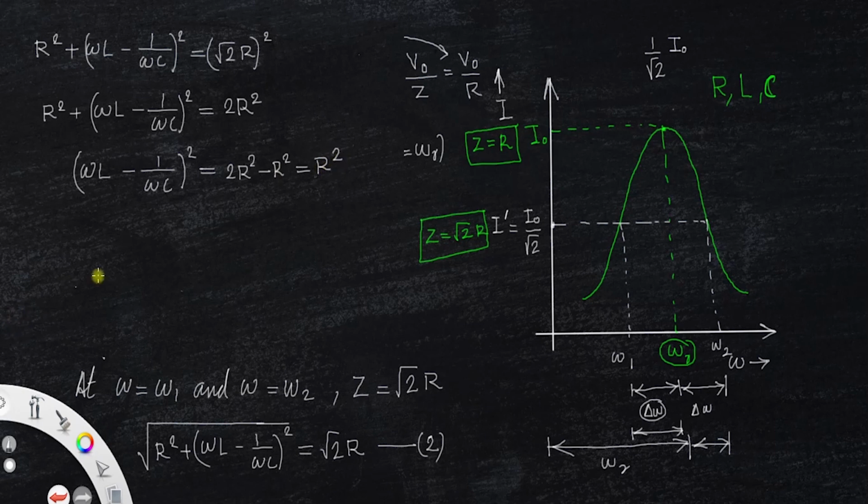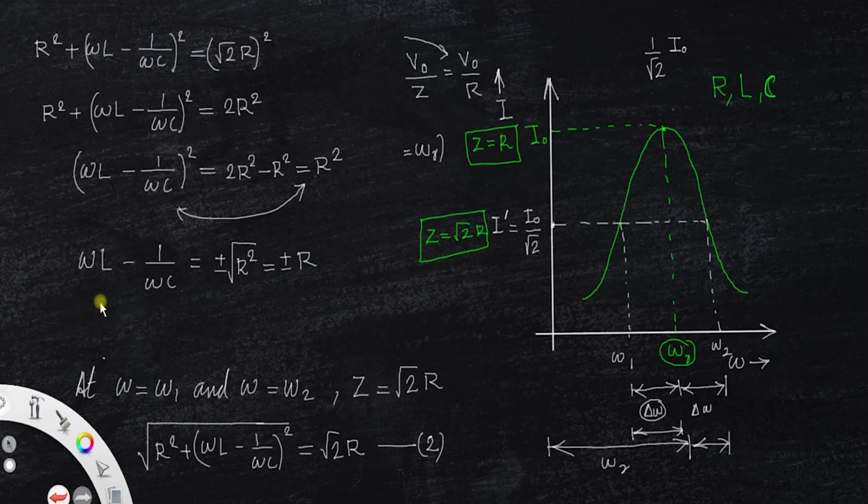Clear? Now taking the square root on both sides, we have omega L minus 1 by omega C equal to plus or minus root of R square, which gives plus or minus R. Clear?